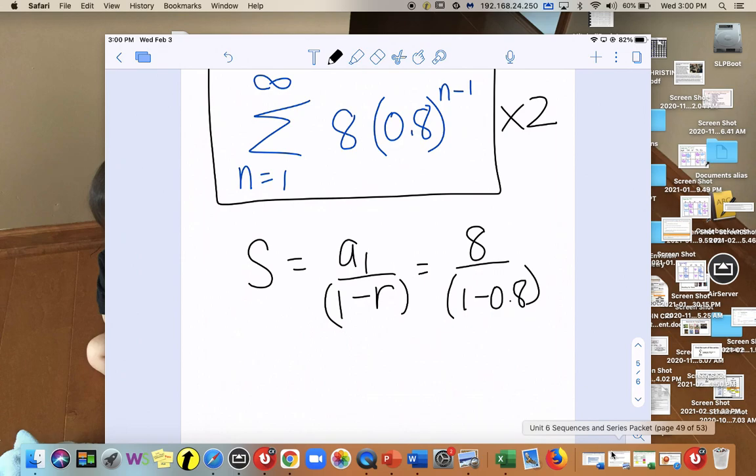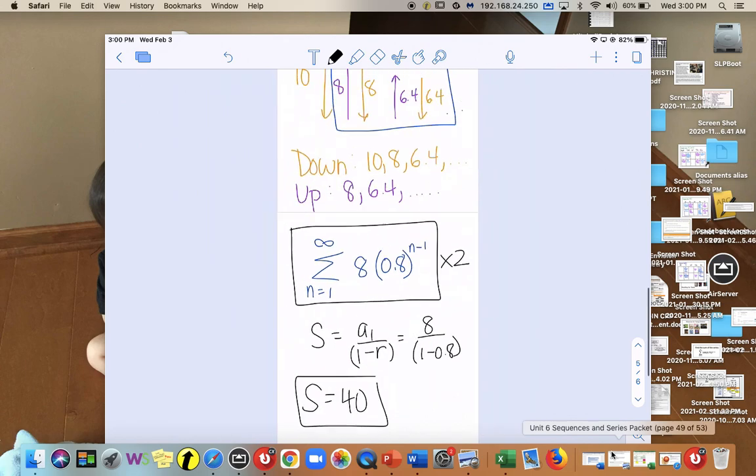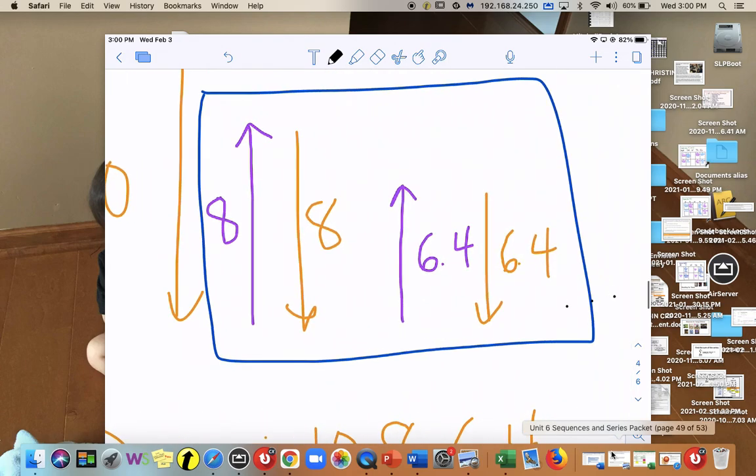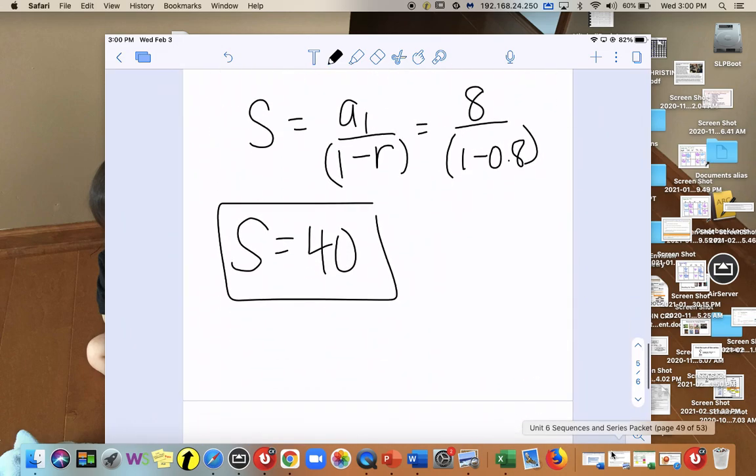When you type that in, you should get 40 feet. So for one of the sequences, all the down distances total 40. But the rebound heights are the same, so it goes up 40 feet as well. And so the total would be this times 2, so it's going to be 80 feet.